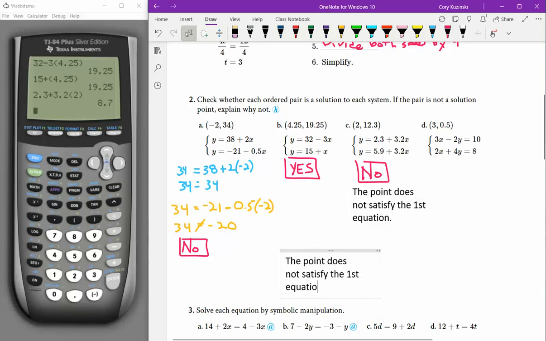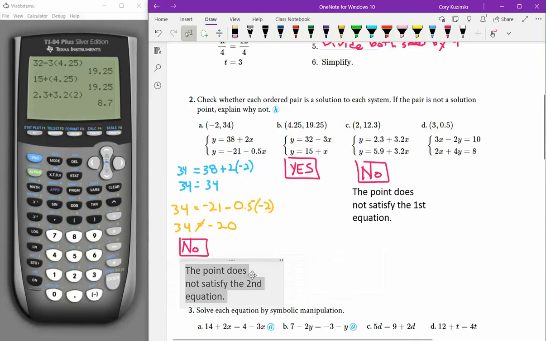And with our first one, 2a, the point didn't satisfy the second equation.